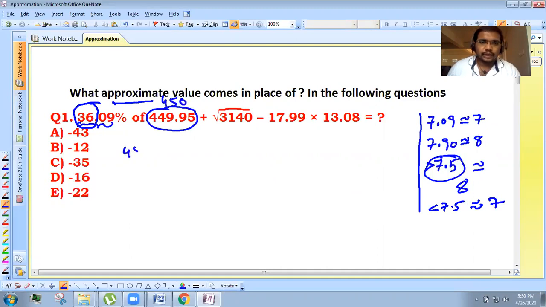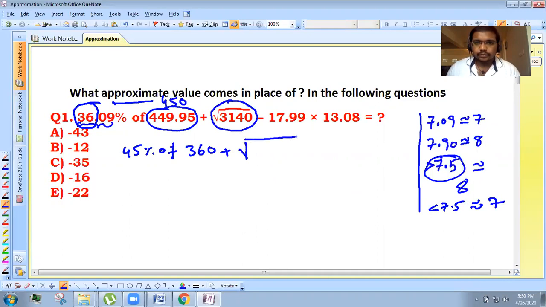That means you can take it as 45 percentage of 360. For understanding only, I'm writing this, friends. And this one is under root 3140, you can write it as under root 2500 plus 640 extra, minus 18 into 13.